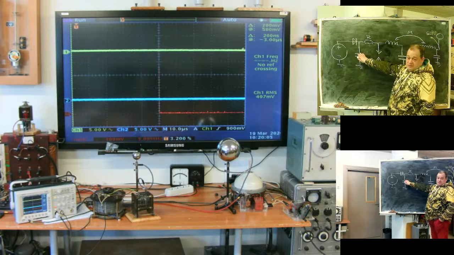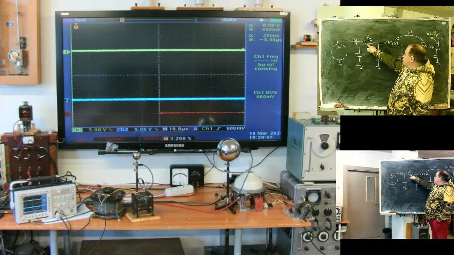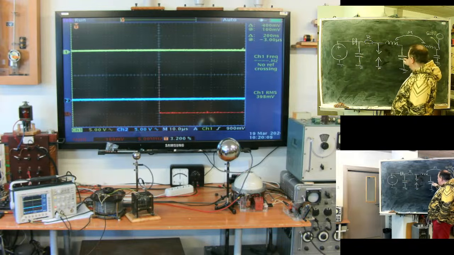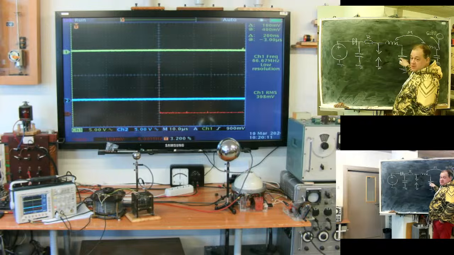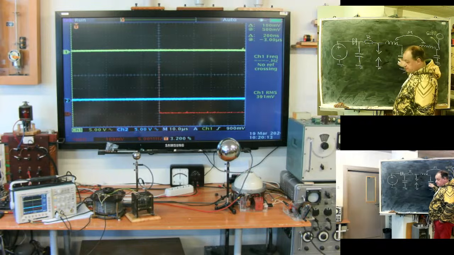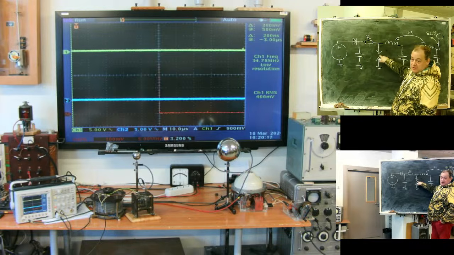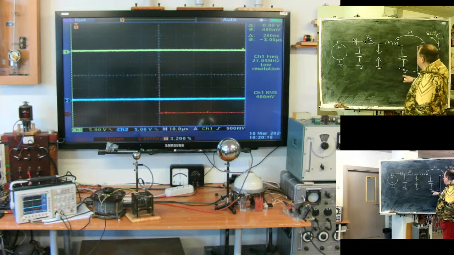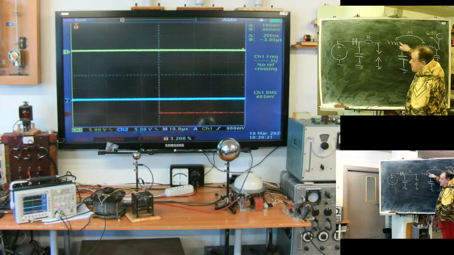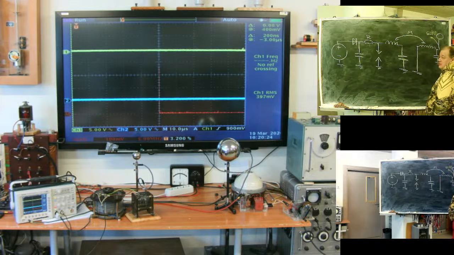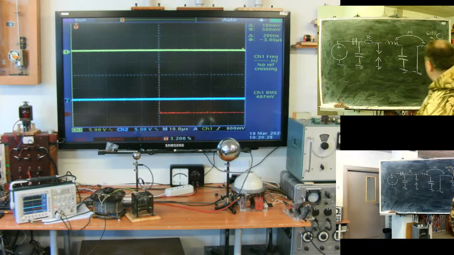Here I have a DC source; through this resistor and coil the capacitor charges. When the capacitor voltage reaches breakdown, the spark gap breaks through and forms a resonant contour where decaying oscillations occur.